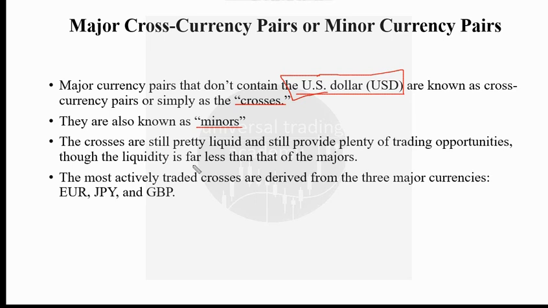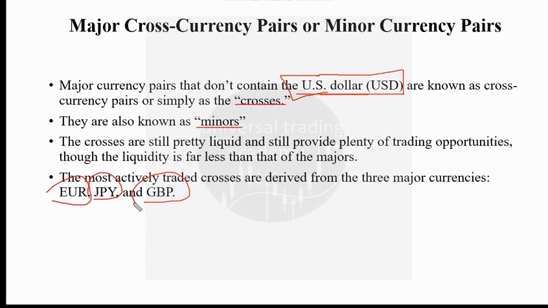GBP, JPY, and Euro are the most traded currencies other than the US dollar.